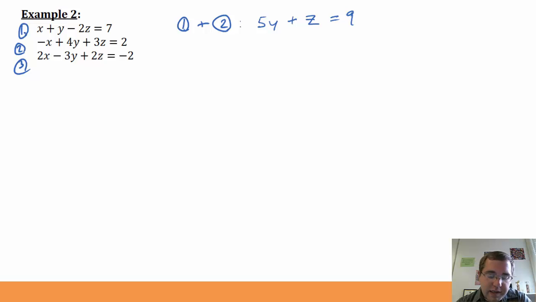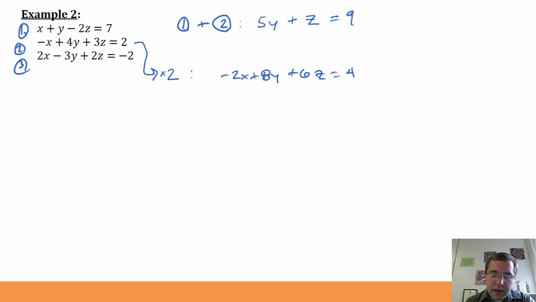So the way I can get the second equation is to, let's say I take equation number 2 here and I multiply it by 2. That will give me negative 2x plus 8y plus 6z equals 4. I've multiplied both sides of the equation, everything in it, by 2.